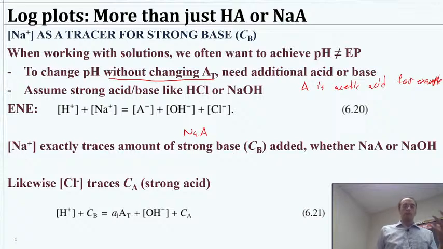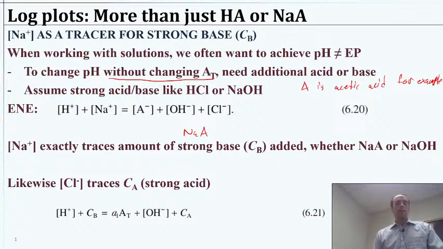So it's kind of interesting. It might not be exactly intuitive at first, but the Na plus, the sodium, traces our base, and conversely, the Cl minus is going to trace our acid, as if we were adding HCl. That's coming out of this electroneutrality equation.